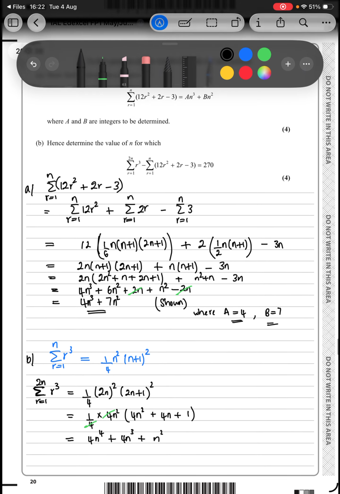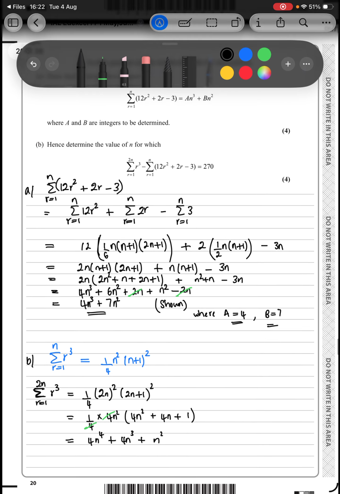And then we move on to what we found in part A. The summation of 12r squared plus 2r minus 3 from r equals 1 to n, which we found to be 4n cubed plus 7n squared. So we can directly substitute.